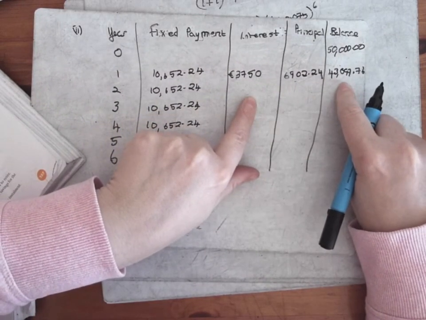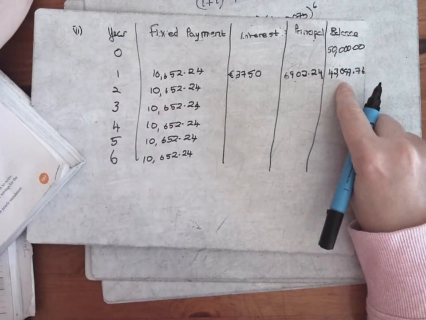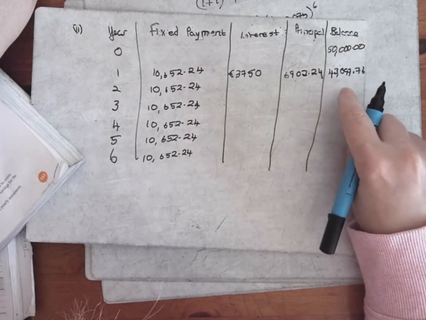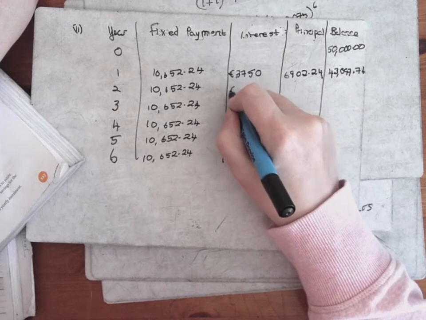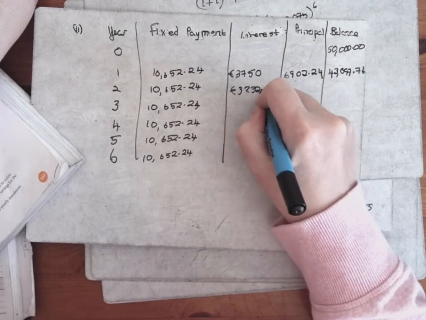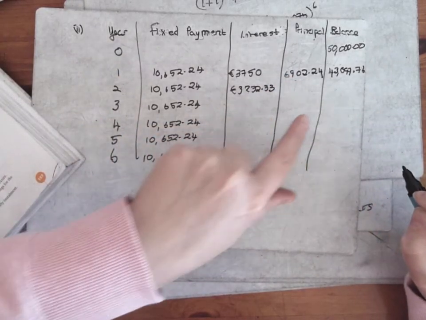So you get 7.5% of 43,097 euros and 76 cents, which is 3,232.33. So that's how much the interest for the year was.